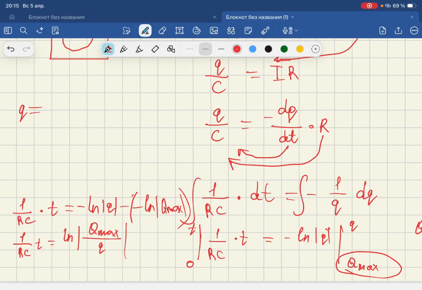If we multiply both sides by e, like the exponential, Q will be equal to just Q max.